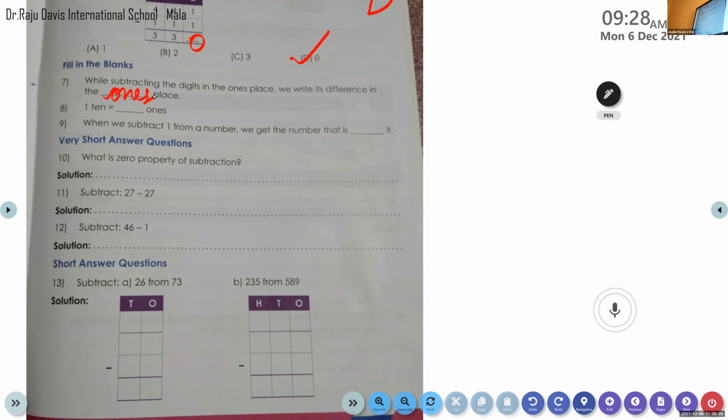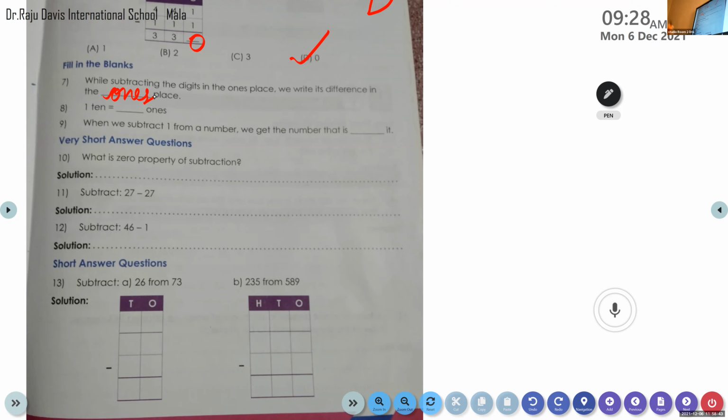Then the next question. Andrea, unmute and read. Okay. 8th question is 110 is equal to dash ones.